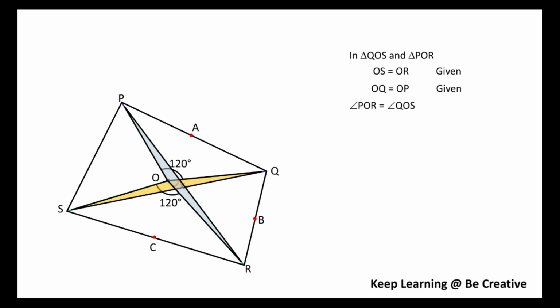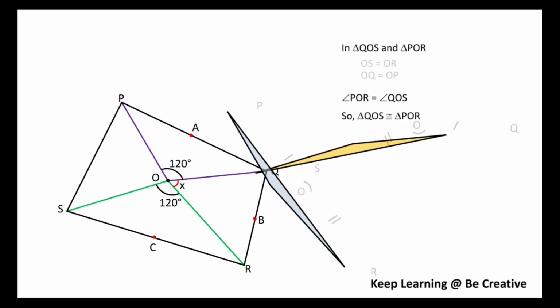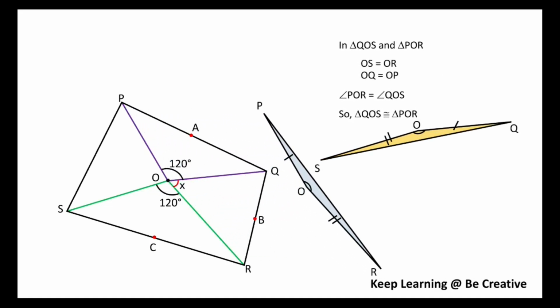And angle POR equals angle QOS, which we have proved by 120 plus X equals 120 plus X. So we can say that triangle QOS is congruent to triangle POR by the side-angle-side congruency criteria.